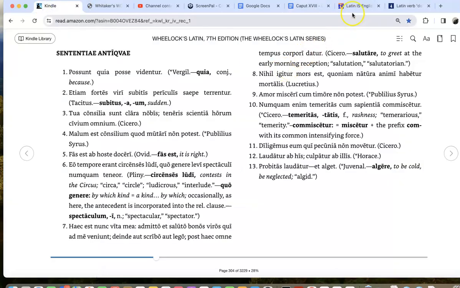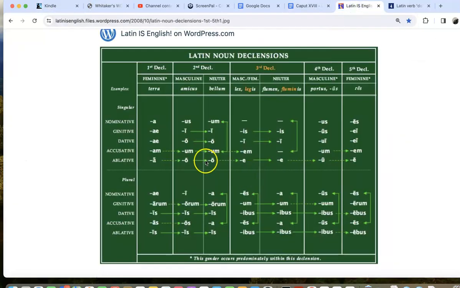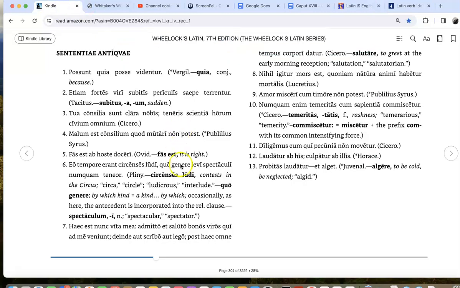Notice to the body is third declension, dative singular, corpori, because corpus is the nominative. Corpori ending in I. Corpus, corporis are the nouns.